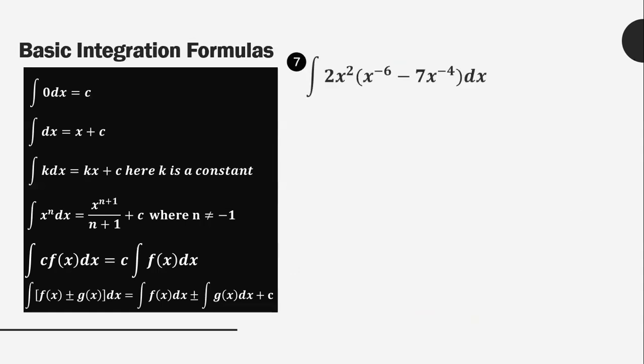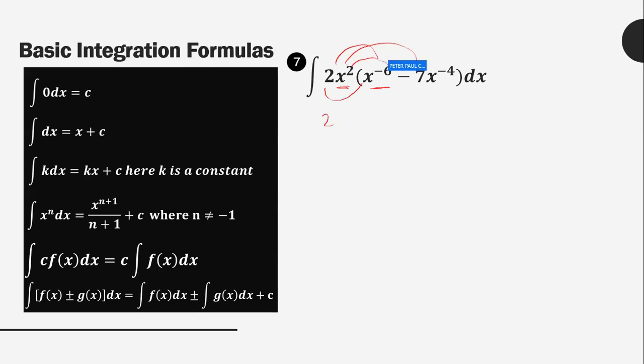For 7, this is a different problem. So notice that all of them are aligned with dx. So all we need to do here is to distribute 2x with each term. So we have 2 times 1. So that is 2. Then we have x squared times x raised to negative 6.